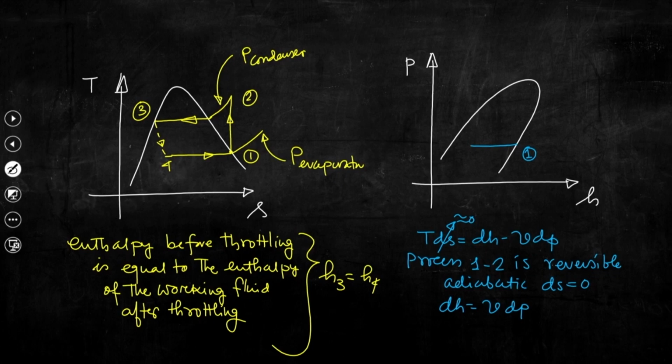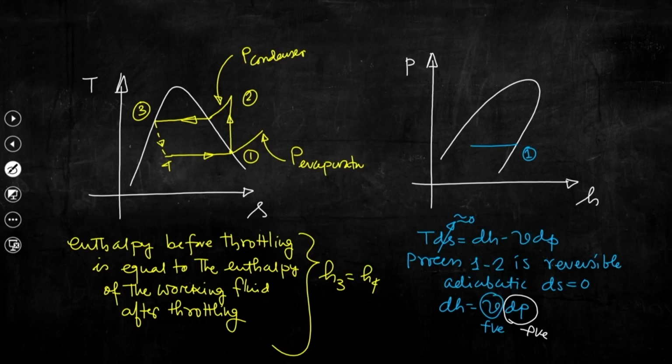For a compression process, V is always positive, and dP is also positive, because the sole purpose of this process is to raise the pressure in the direction of working fluid flow.